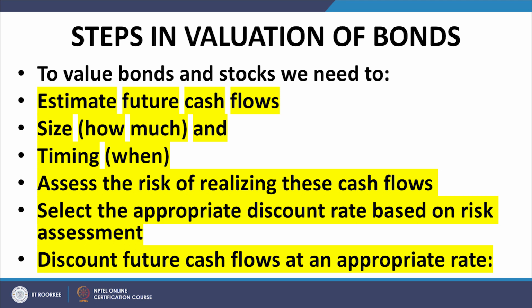For example, if you are holding treasury bonds, obviously the risk profile of the cash flows would be very strong in terms of a very low default risk, whereas if you are valuing the bonds of a corporate which is not doing very well, you may have to use a higher discount rate because the riskiness of those cash flows may be significant.